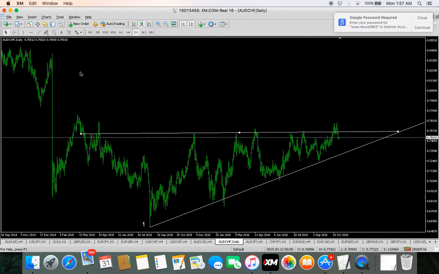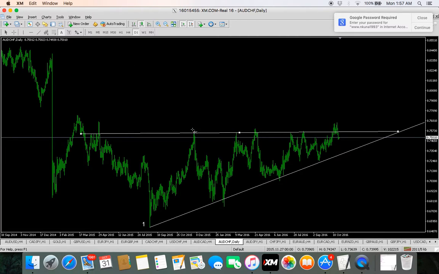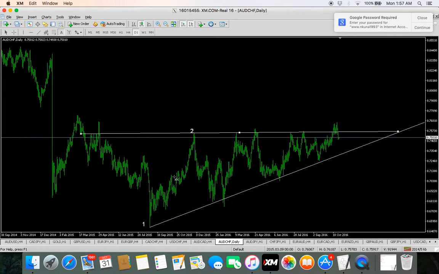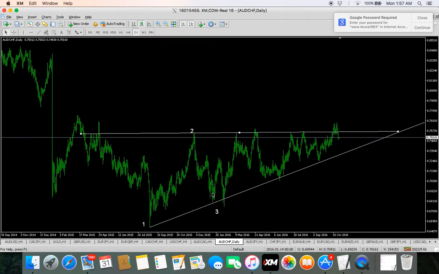One. Okay. Secondly, okay. Sorry, guys. I clicked the wrong pattern. Second. Okay. Third. As long as the market didn't reach this point again, we don't count this again as 4. We wait for the market to come and reach this point and come down.